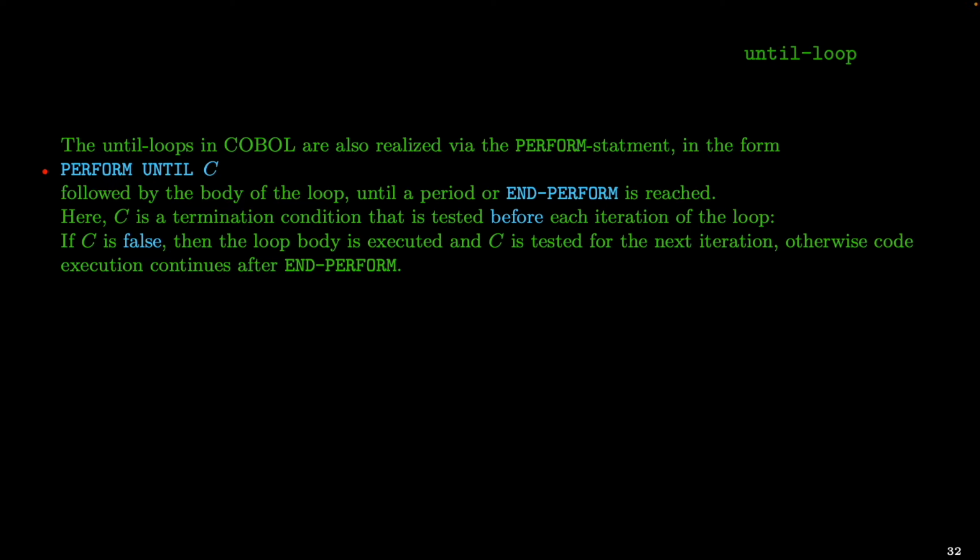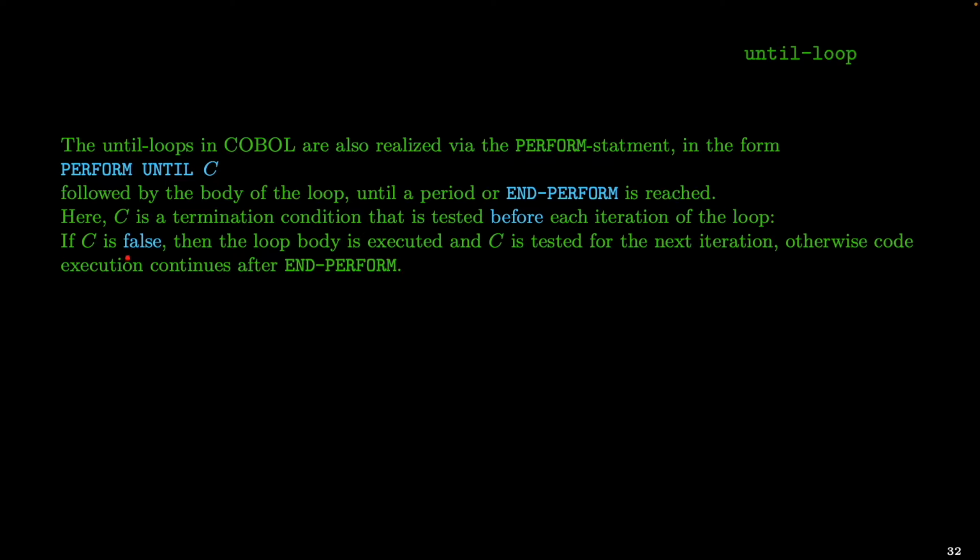For these we also use the perform statement, and we write it in the format perform until C, again followed by the body of the loop until we reach a period or the end perform keyword. And here C is a certain condition, so the termination condition for our loop, and it is tested before each iteration of the loop.